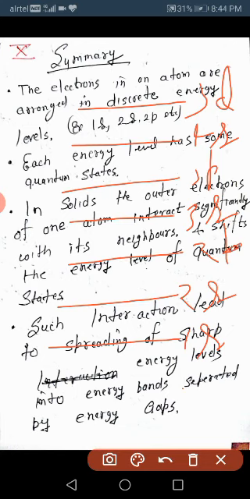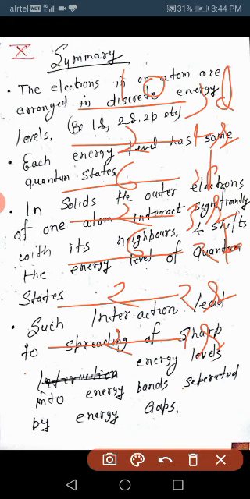The next point is this: each energy level has some quantum states. As we know, at the 1s and 2s levels we have two quantum states each, at 2p we have 6 quantum states, at 3s we have 2, at 3p we have 6, at 4s we have 2, and at 3d we have 10 quantum states.